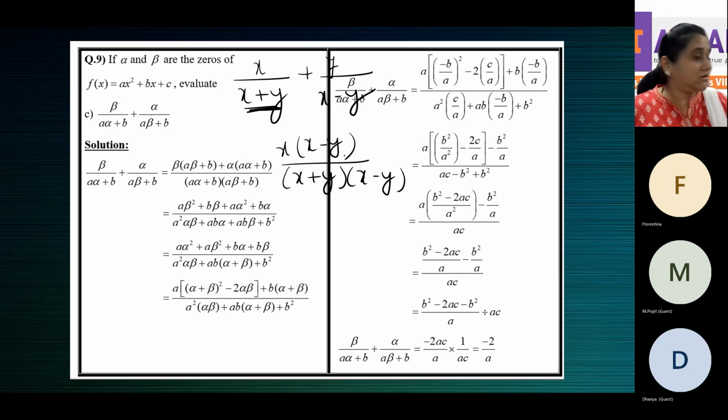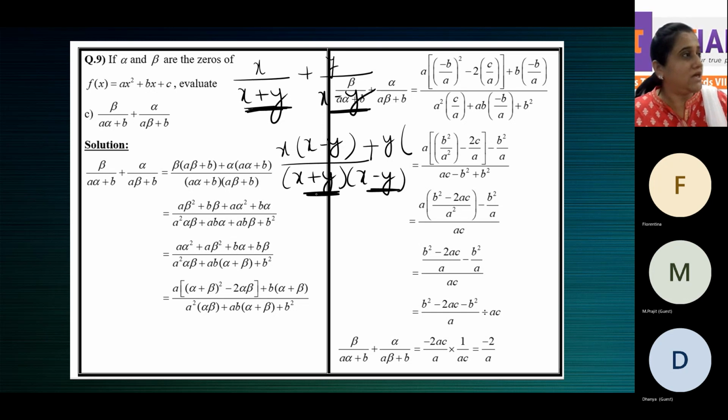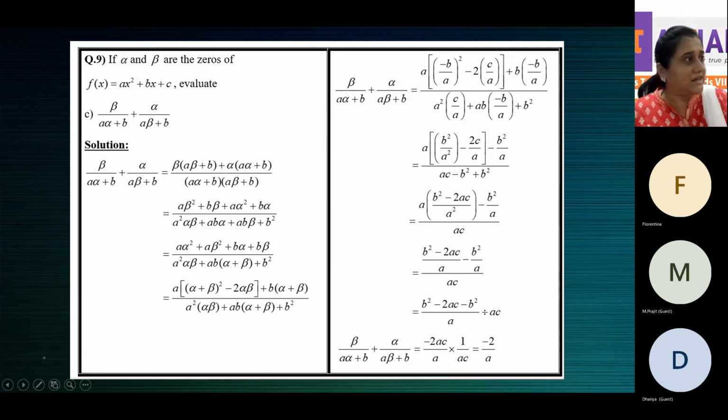So x into x minus y plus y into x plus y, since the denominator is x minus y. Just like we take the LCM. It is LCM only, the common denominator.